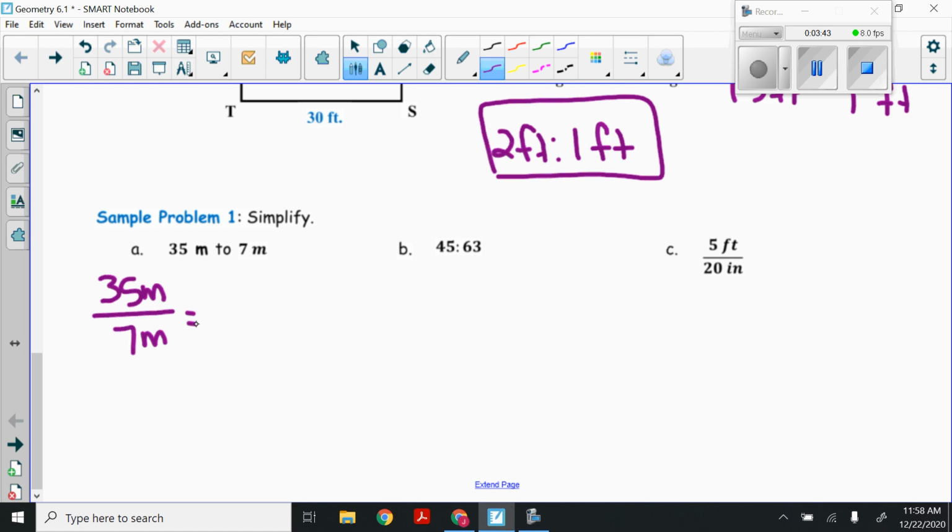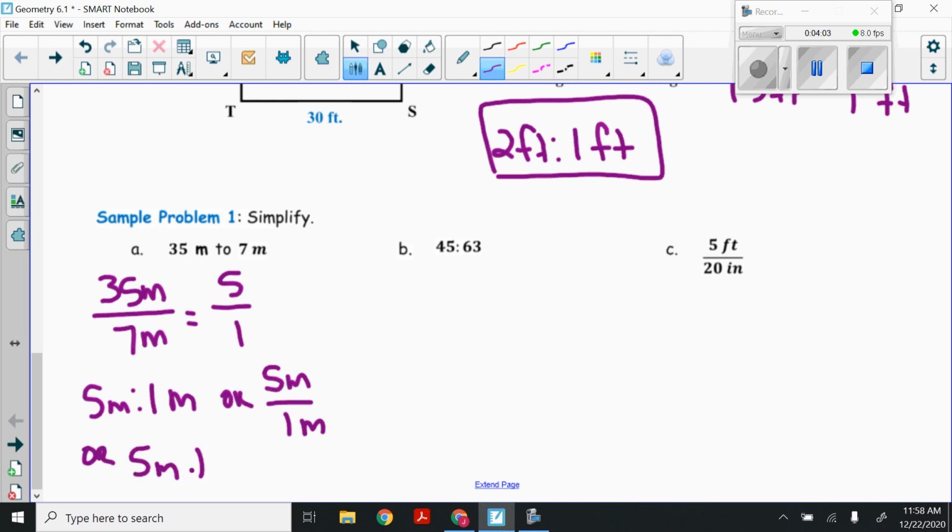I can take 7 out of both of them, so that becomes 5 to 1. So we write 5 meters to 1 meter, and we can write it the three different ways: 5 meters over 1 meter, 5 meters colon 1 meter, or 5 meters, then write out the word to, 1 meter.